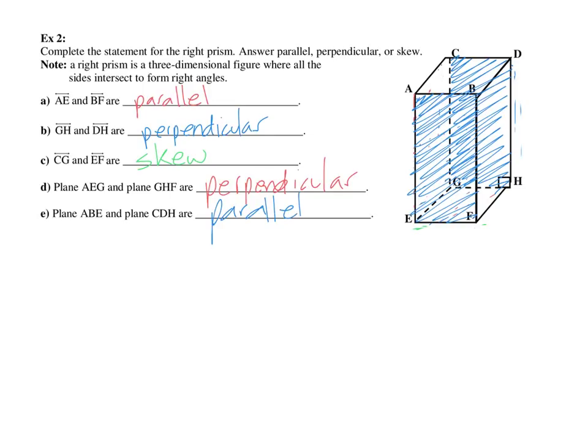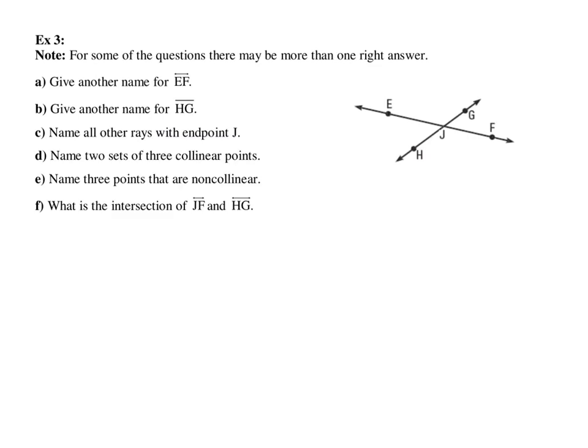Okay, on to the next example. For some of the questions, there may be more than one right answer. Give another name for EF. EF, we could also call it FE. Line FE. You could give it other names as well.